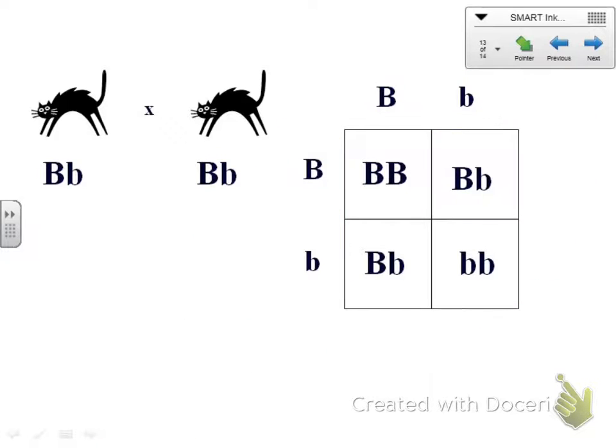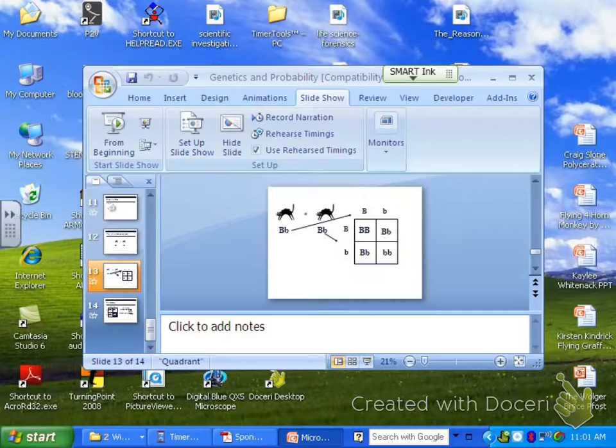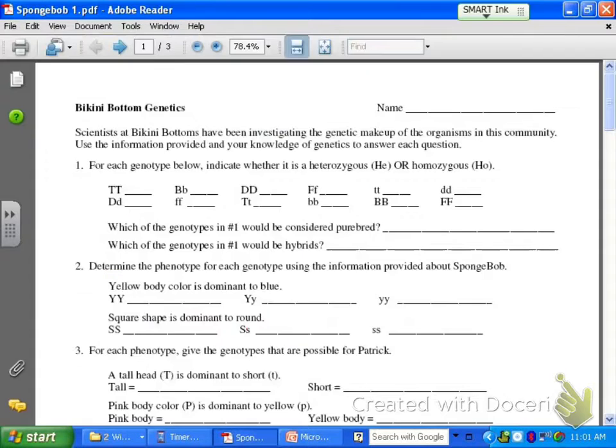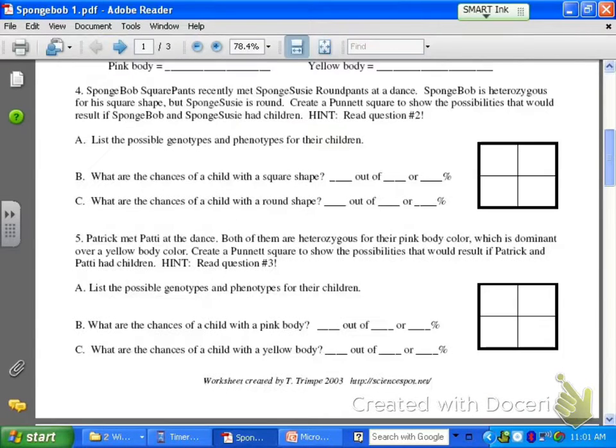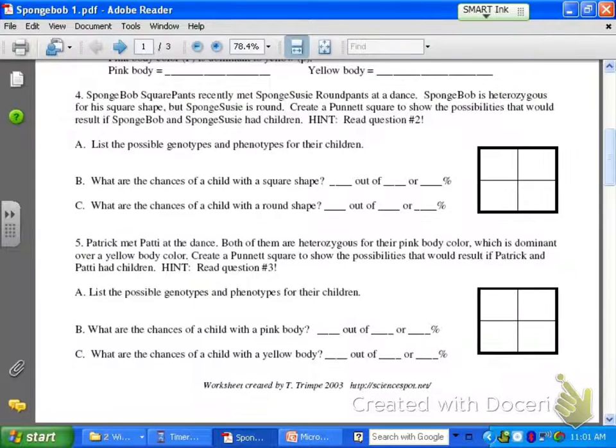All right, let's take a look and go from here. We are going to go to our SpongeBob worksheet, and we're going to look at number 4. I'm going to read number 4 to you, so follow along with me. SpongeBob SquarePants recently met Sponge Susie Roundpants at a dance.